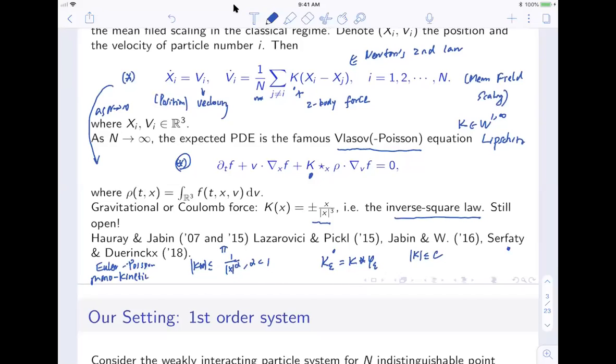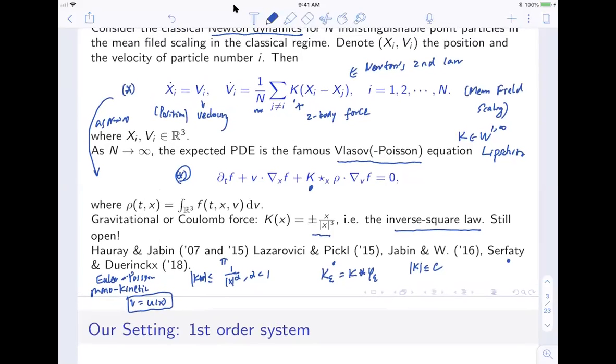So if I give you a position x, the velocity is determined by this position. So it's called monokinetic. You can derive the Euler-Poisson system from particle models, but people still don't know, so this is still a wide open problem.